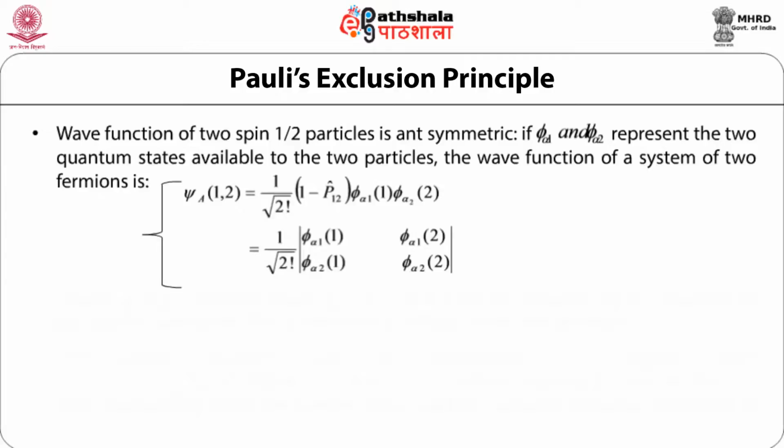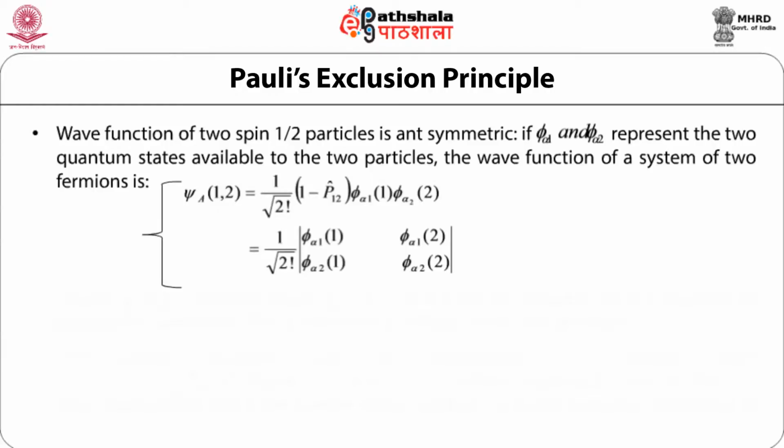So, if the wave function phi_alpha1 and wave function phi_alpha2 represent the two quantum states that are available to these two fermions having spin half, then the wave function of the system of these two fermions can be written as the antisymmetric wave function psi_A(1,2) is equal to 1 upon square root of 2 factorial times (1 minus permutation operator P_12) times wave function phi_alpha1(1) wave function phi_alpha2(2).